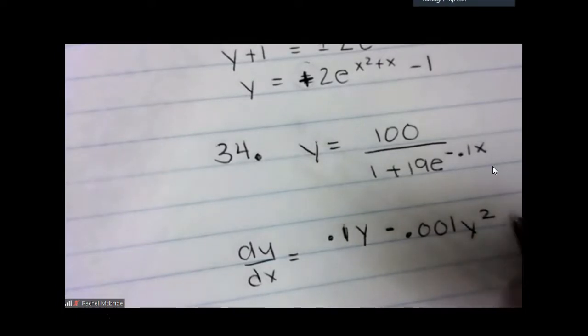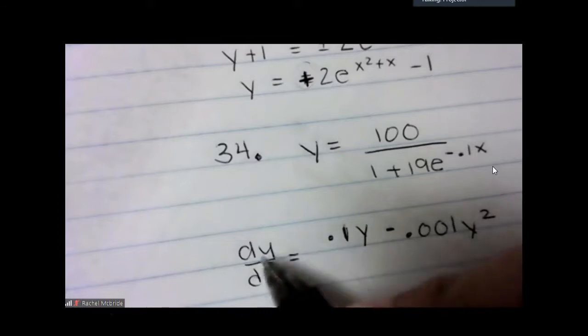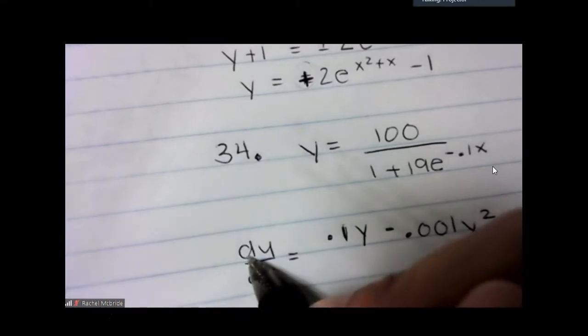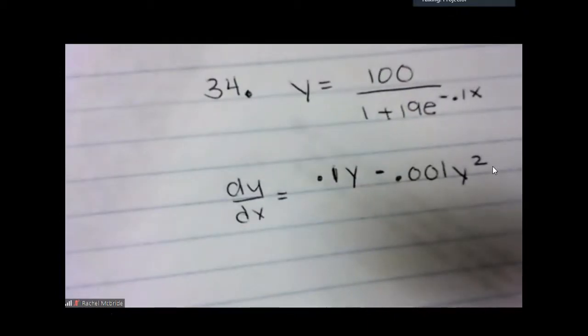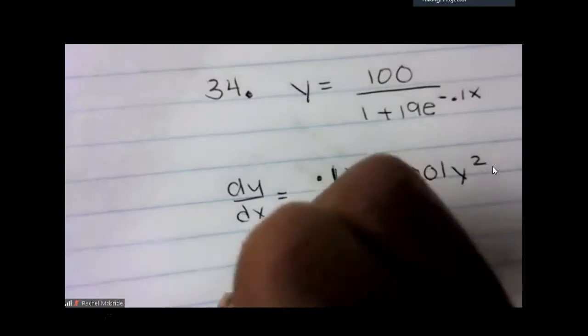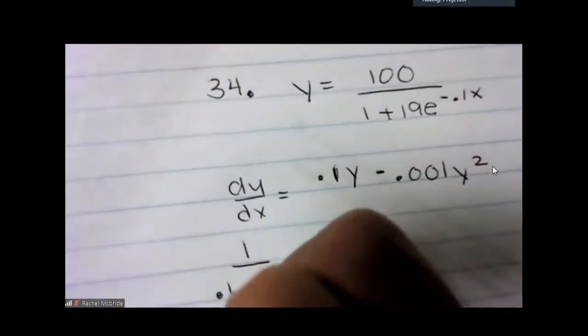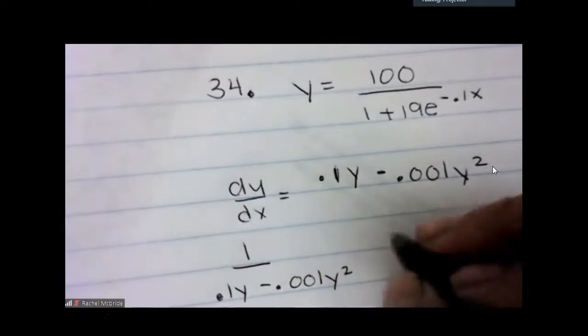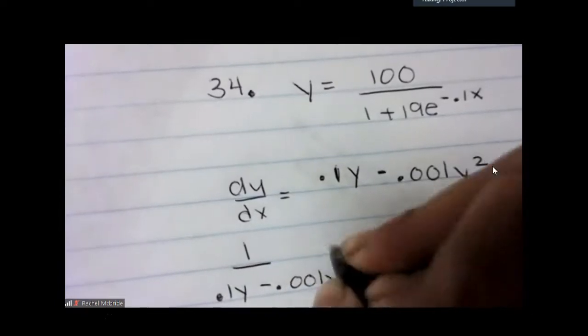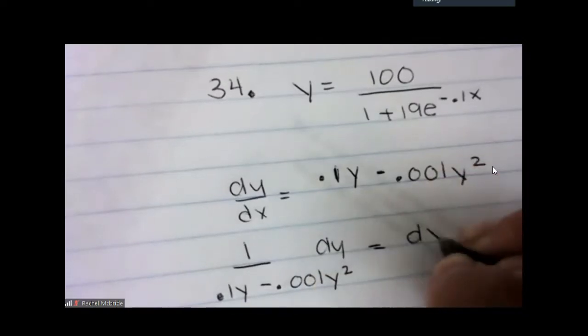And then we need this all to be with the dy's. So you can do one of two things. You can just divide everything and leave a 1. So I would rewrite that as 1 over 0.1y minus 0.001y squared equals dx.